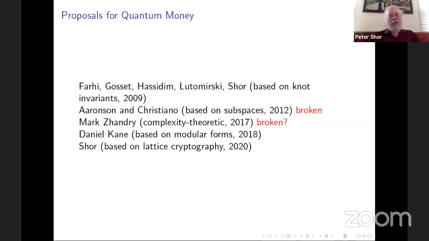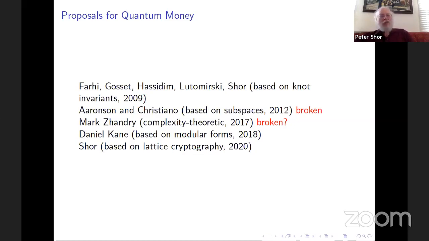Okay, so there are proposals for quantum money. I think the first serious one was with me, and it's based on knot invariants, and it has not been broken yet. But on the other hand, I have no idea how many people have tried attacking it because it's based on the difficulty of a problem that nobody has looked at seriously as far as I know.